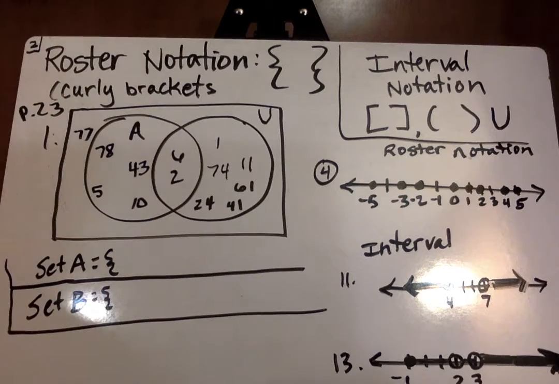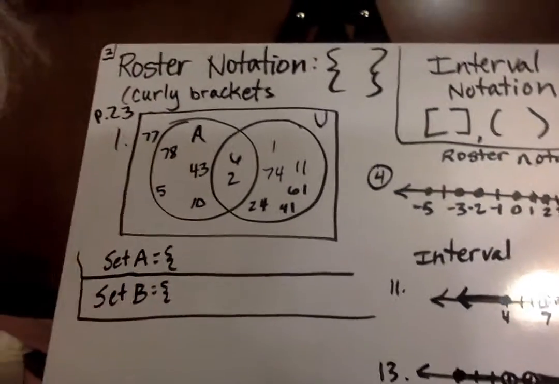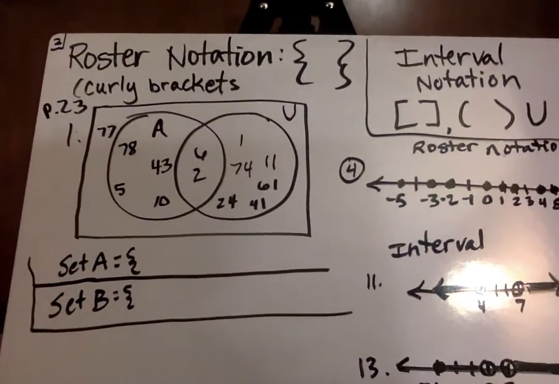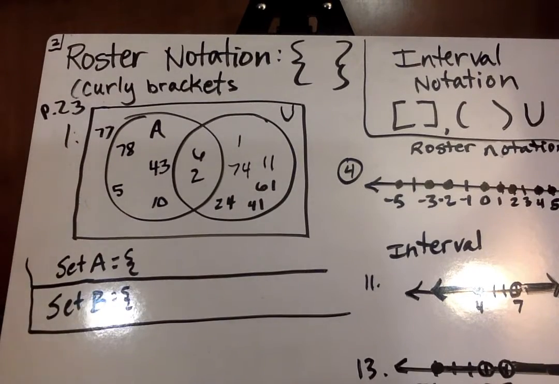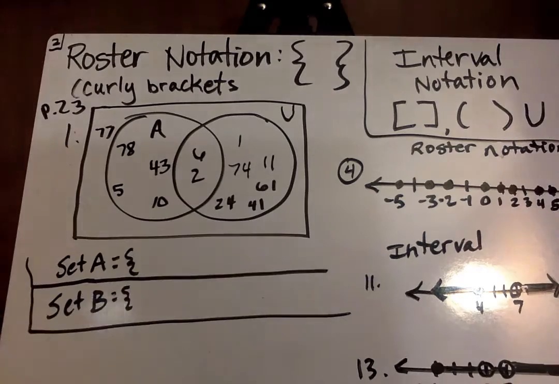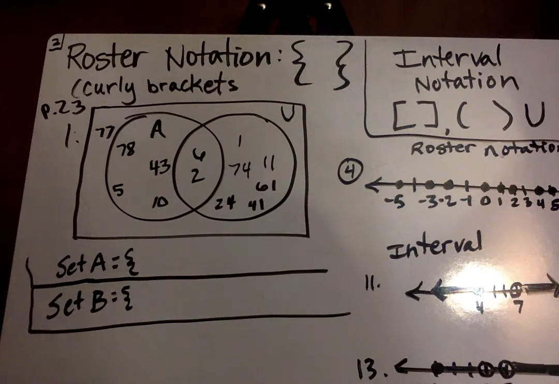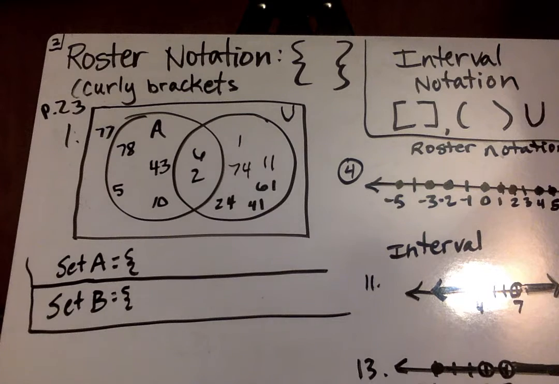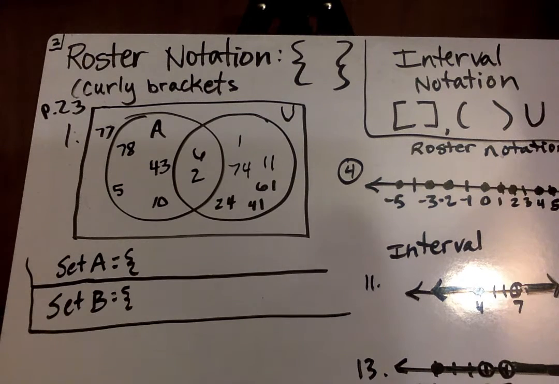Okay, hopefully you can see that okay. All right. Now, let's look on page 23, number 1. I think that will get rid of that one shiny spot. Does that get rid of the other one? Nope. Don't know what it's reflecting off of, so we'll just continue.